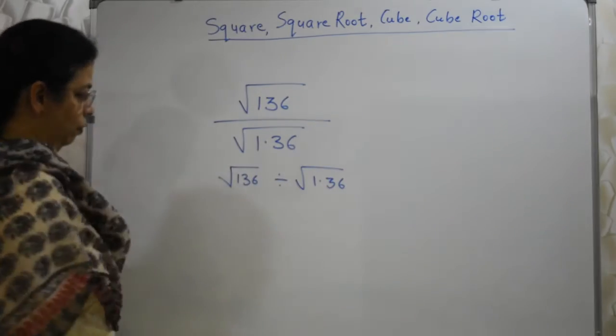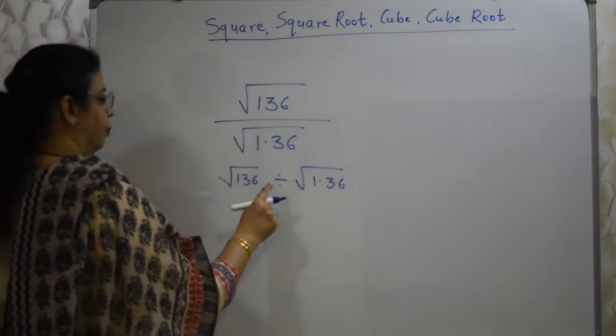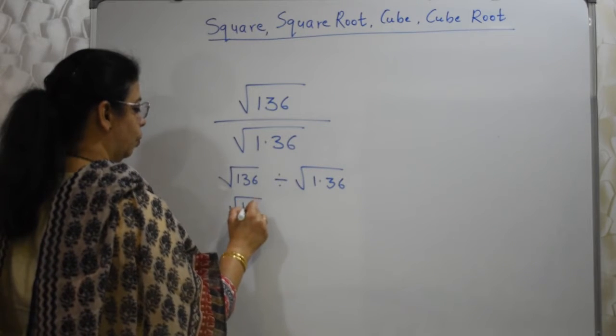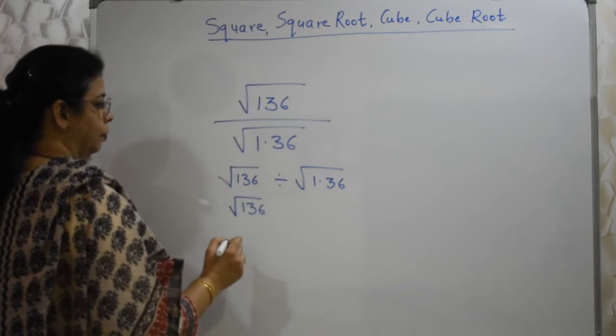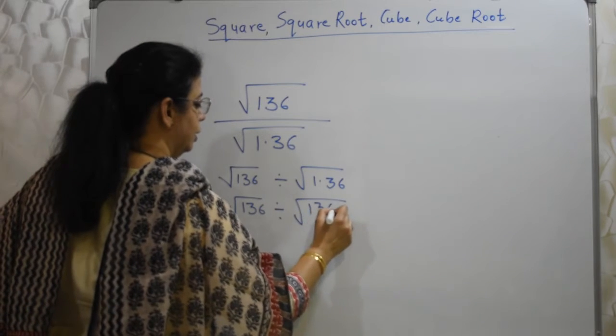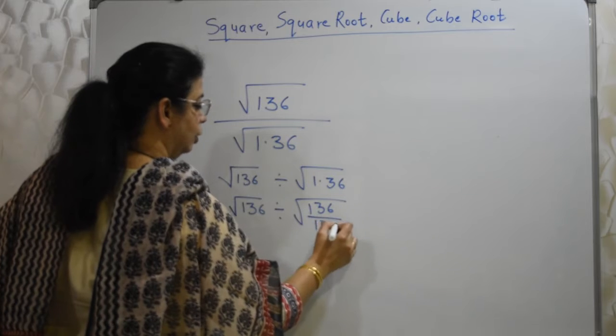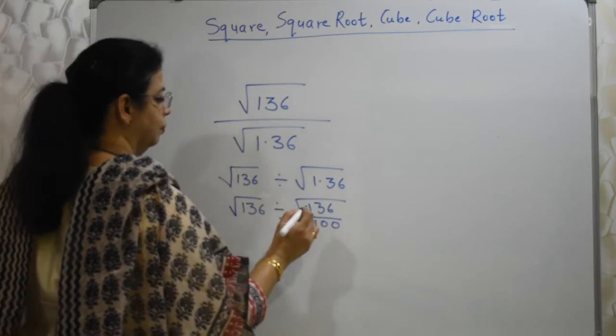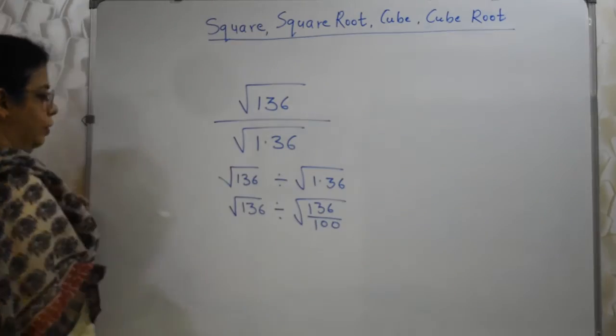Write in this form. Now this is root 136 divided by root of 136 upon 100, point and 2 zeros, right? 2 places, so 2 zeros here, right?